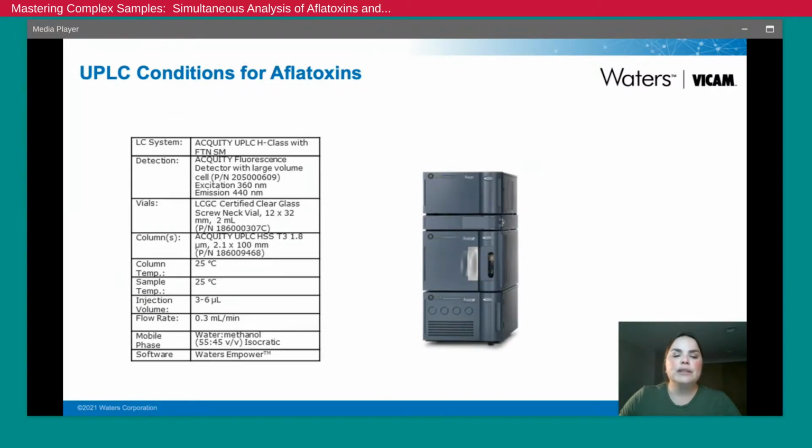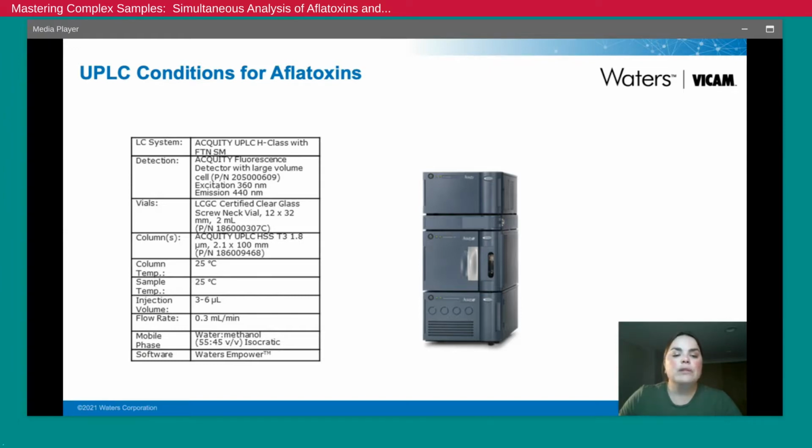The UPLC conditions for aflatoxins are detailed here. The LC system was a Waters Acquity UPLC H-Class with FTN sample manager. The detection was an Acquity fluorescence detector with a large volume flow cell. Excitation was 360, emission was 440.